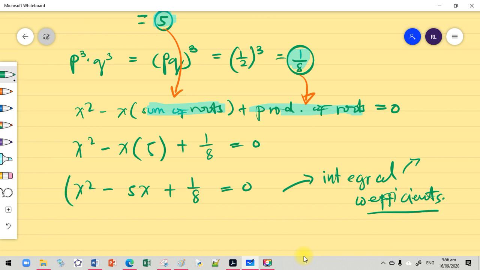So by simply multiplying it by 8, you'll have 8x squared minus 40x plus 1 equals 0, if that's the case. That's it.